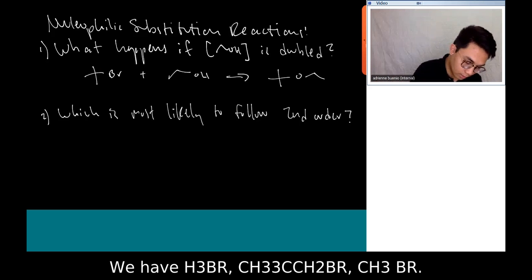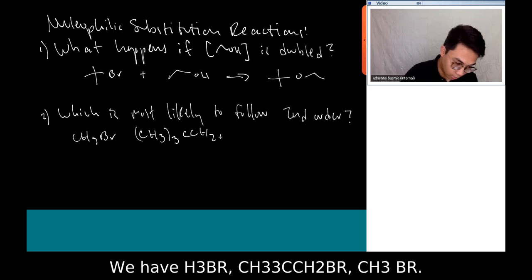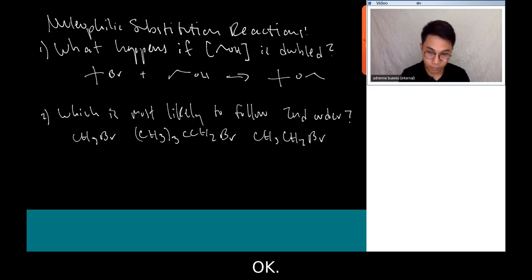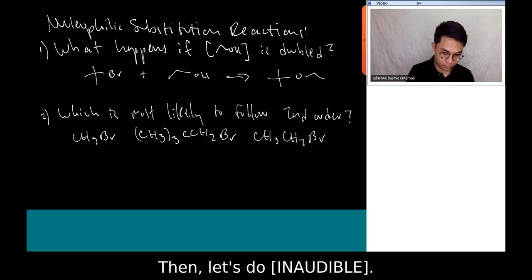We have CH3Br, (CH3)3CCH2Br, CH3Br. Okay, then let's do, I can put another one here.